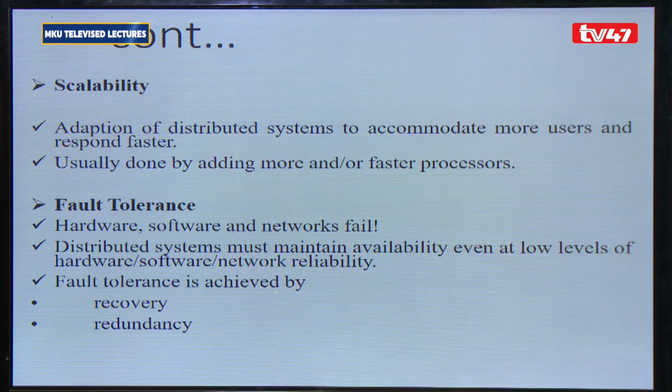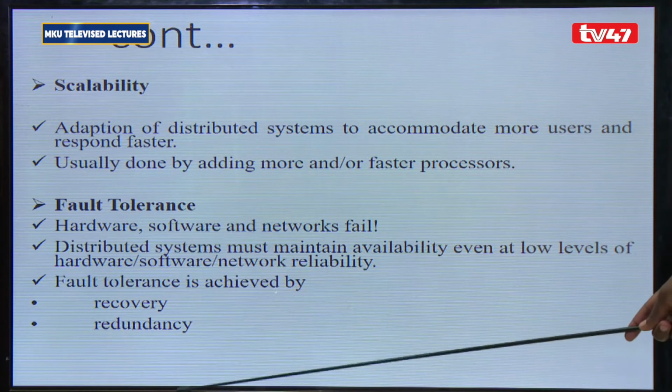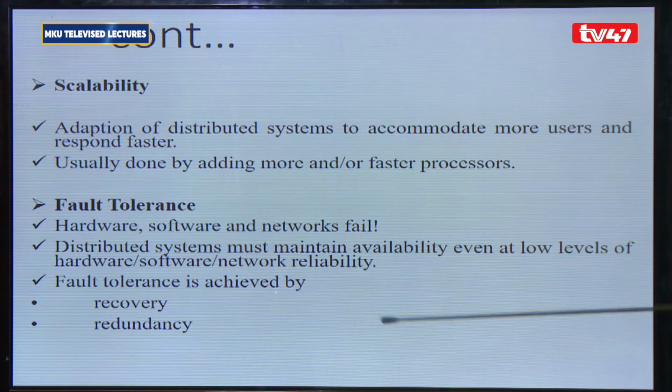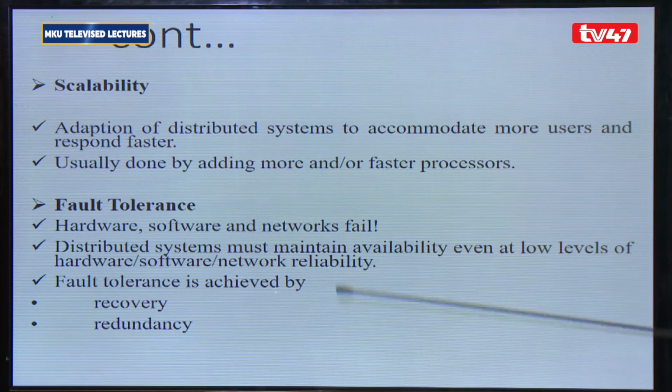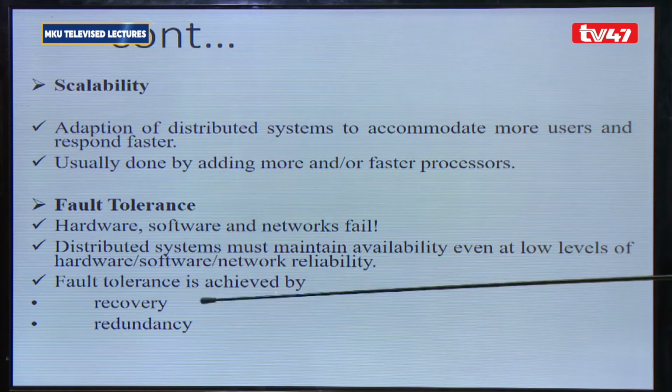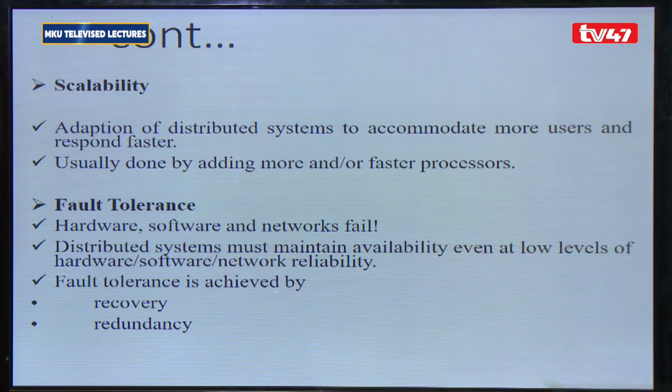Most software these days has an option of recovering information, maybe if you've mistakenly deleted it. The redundancy option is where you duplicate your work on different servers so that in case one fails, you're able to access it. That's how you deal with the challenge of fault tolerance and many others.